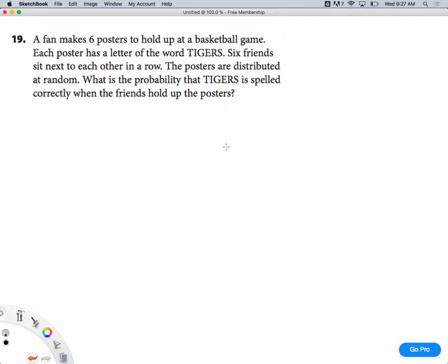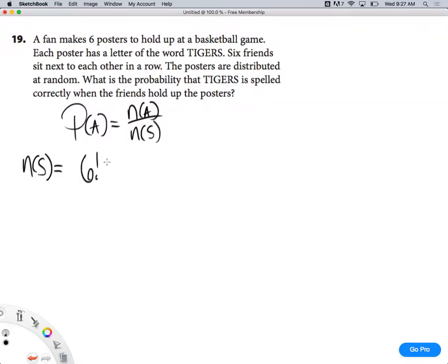What's the probability that Tigers is spelled correctly when the friends hold up the posters? Well, probability of A equals NA over NS, the number of elements in my sample space. I've got 6 objects, choosing all 6 of them, so it's just 6 factorial, which is 720.